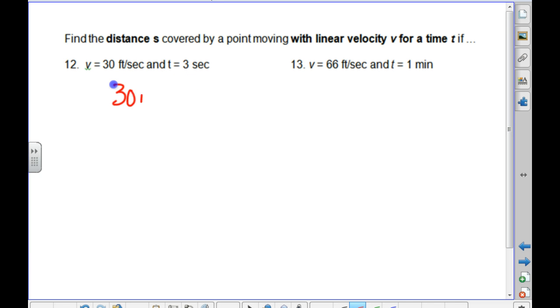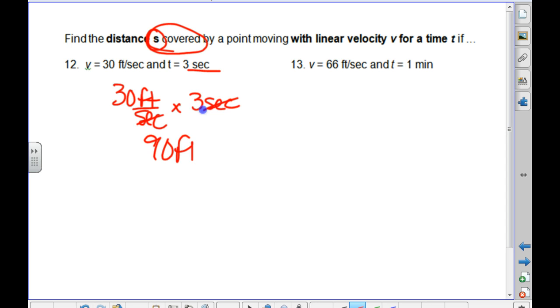If I have 30 feet per second and I want to find the distance covered in 3 seconds, what am I going to do with those numbers? Seconds will cancel out, and I get 90 feet as the distance covered.